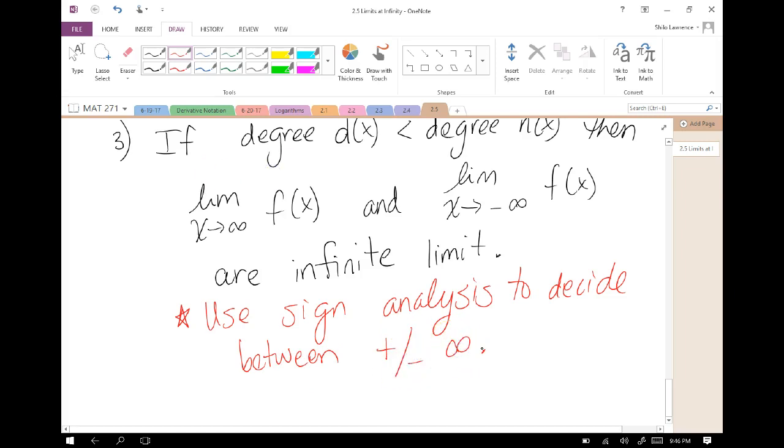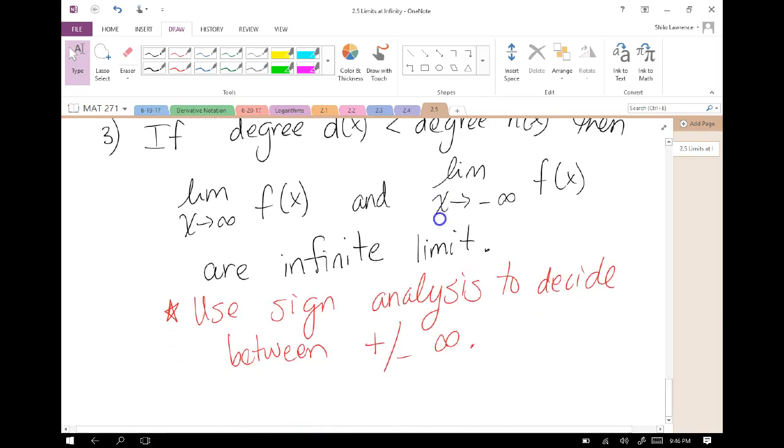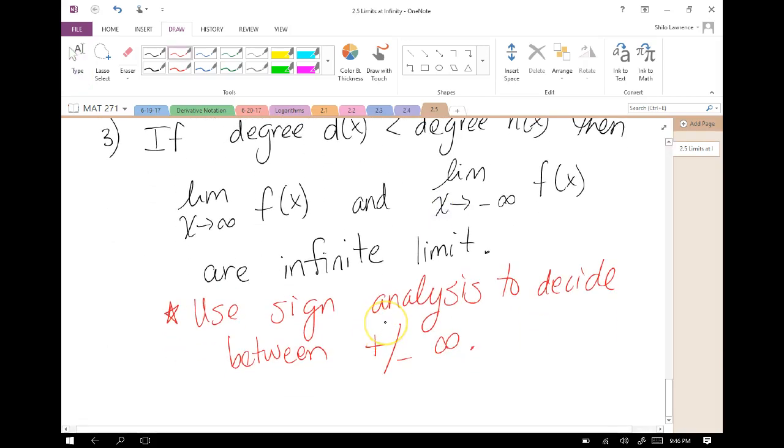And it might be doing two different things on either side, whereas in the first and second options, it's doing the same thing on both sides. In option 3, we could get negative infinity on one side and positive infinity on the other side. So both of these end behavior limits would have to be worked out separately if we knew it was going to be an infinite limit. I'll make sure we do an example of all of these.